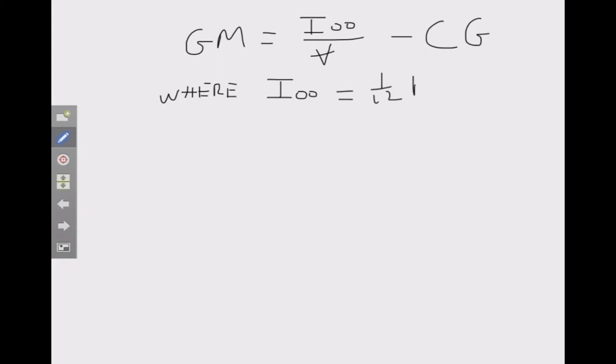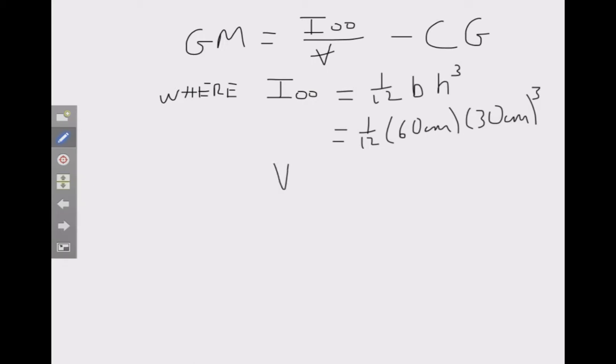In the book, I think it's given by B times H cubed, but basically this is 1/12 times 60 centimeters times 30 centimeters cubed; that is our moment of inertia.